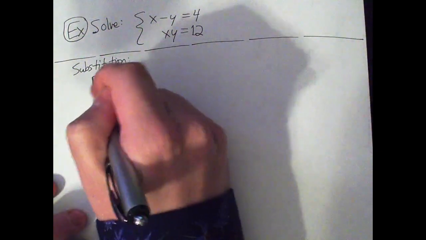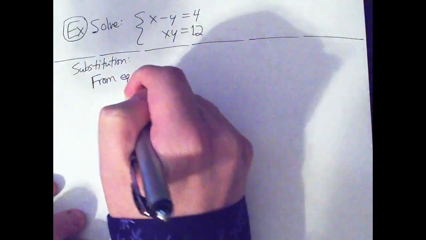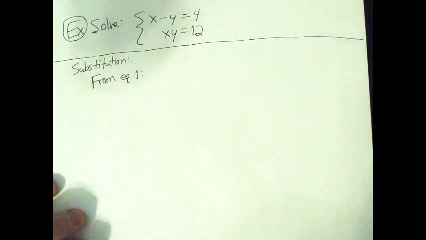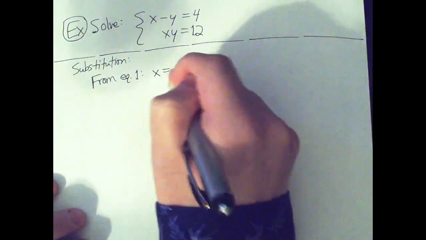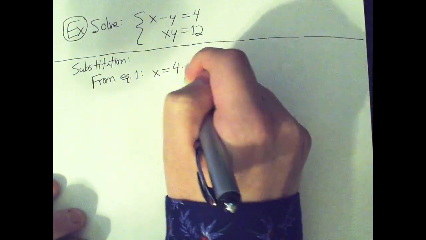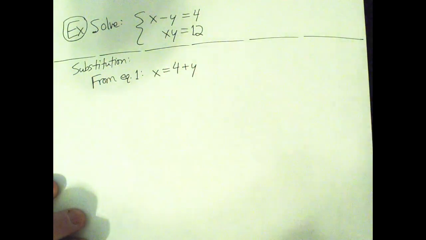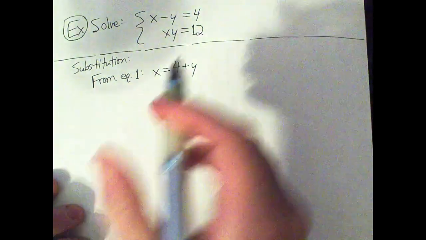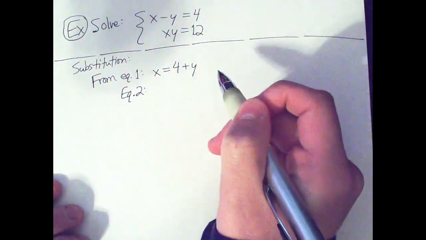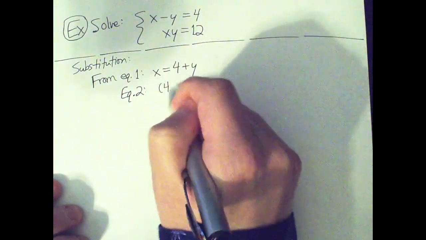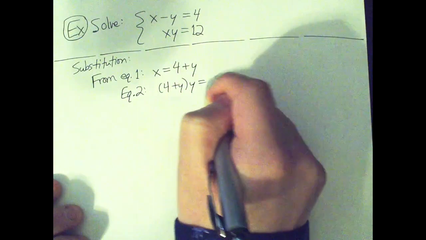And from equation 1, we could either solve for y in terms of x or x in terms of y. I actually did solve for x in terms of y. I said x is 4 plus y. And then we're going to substitute that into equation 2. So instead of xy equals 12, it's going to be this equals 12.